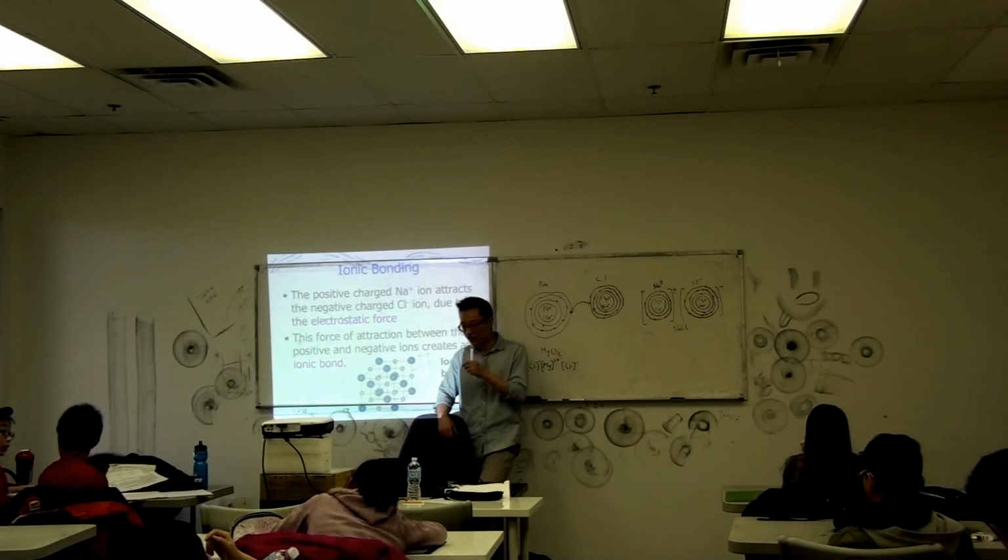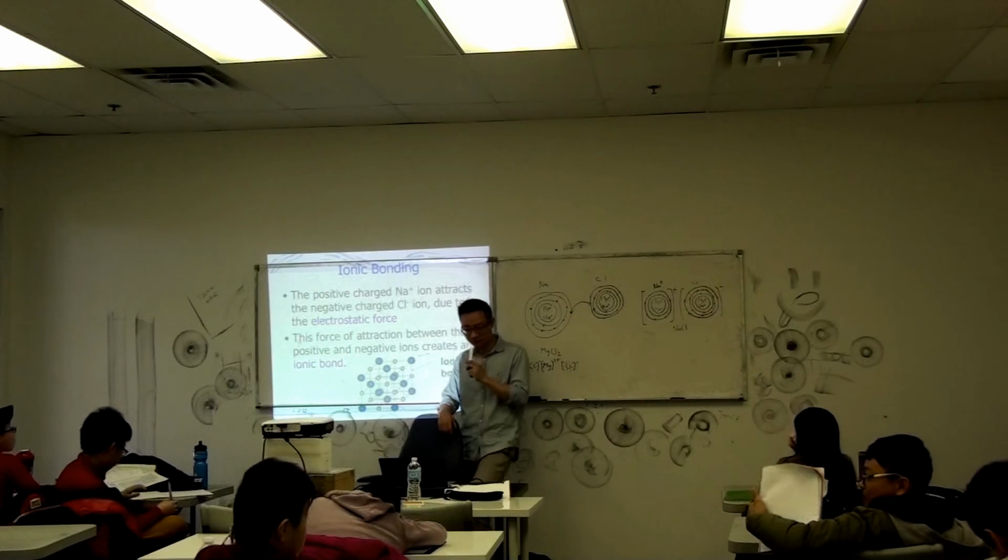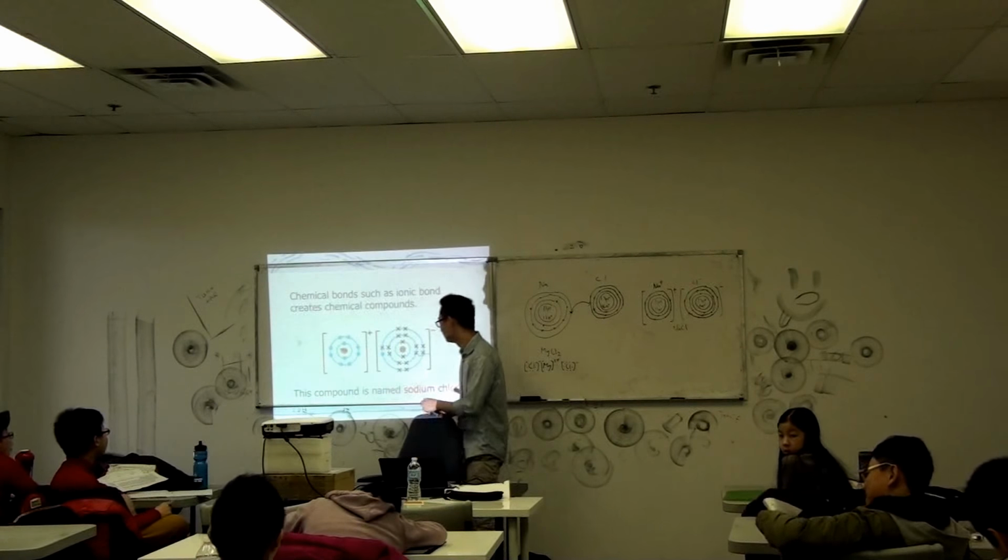Good. This is what I wrote. Good job. We haven't got into naming these things yet. I've just shown you these symbols and writing them together. I haven't shown you how to call this compound.